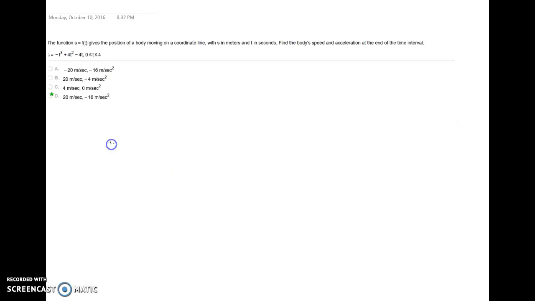Okay. Here's number 6. It says the function s equals f of t gives the position of a body moving on a coordinate line with s in meters and t in seconds. Find the body's speed and acceleration at the end of the interval. So for the speed, you're going to take the absolute value of the derivative at 4, because it says the end of the interval.